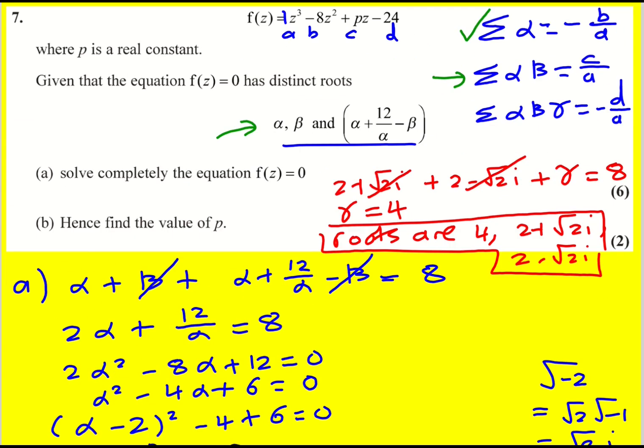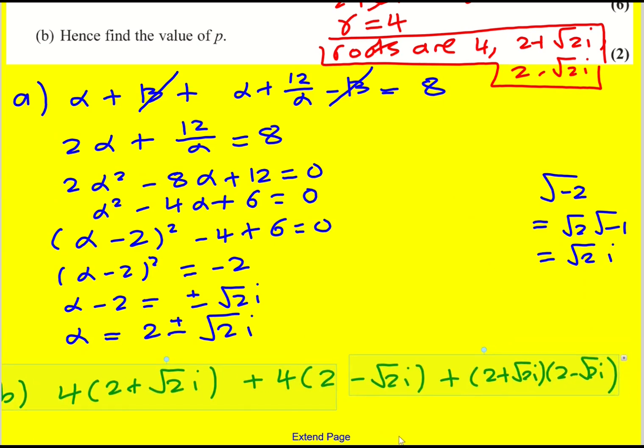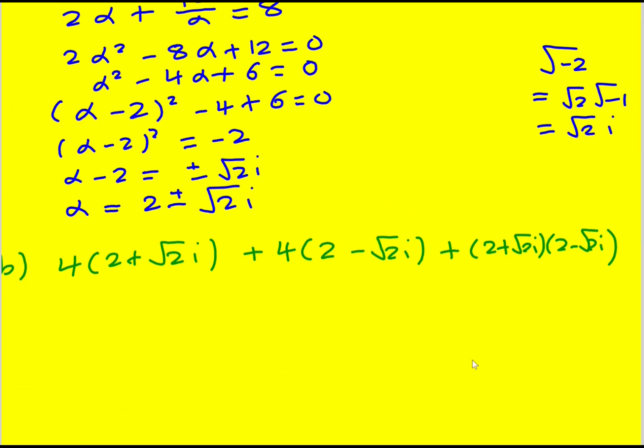That is going to equal c over a, so that's just p. That's how we can calculate p. Just do this little calculation. So 8 plus 4 root 2 i plus 8 minus 4 root 2 i.